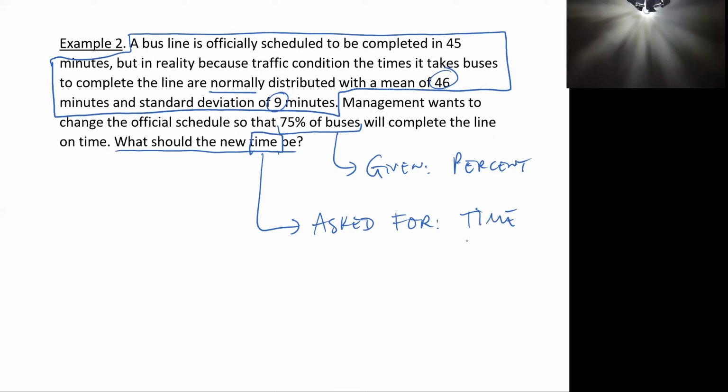Well, time is the random variable. So we're given the percent or probability, and we're asked for time. So that makes this an inverse problem. And that means for TI, we're going to use invNorm.